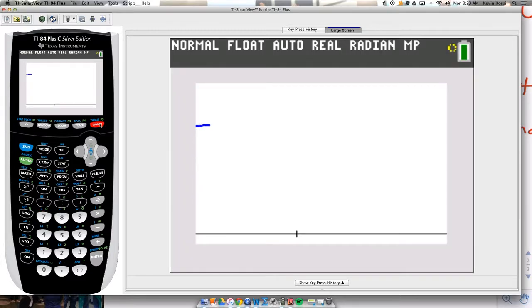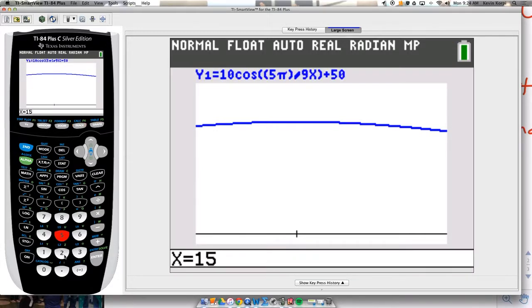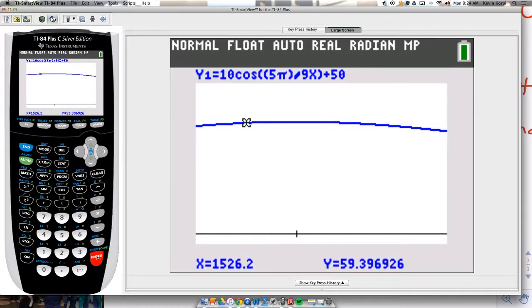Now you're just going to see a little piece of the graph, but it's way down the line. There you go. And now you can hit the trace button and type in 1526.2, and there you go, 59.396 or 397, and you can see that at that point it's traveling what? Up. So that's one way to do it. Certainly works great, but you have to adjust your window. The other way to do it, I told y'all, is from the home screen.